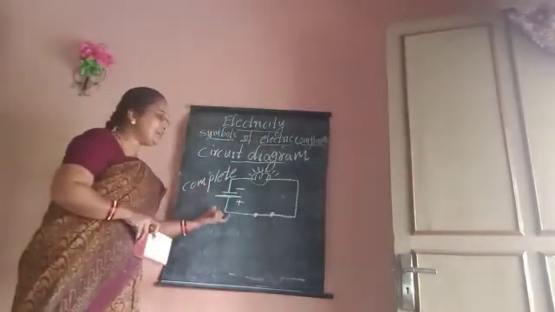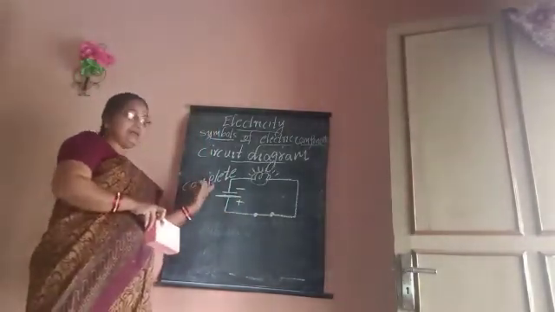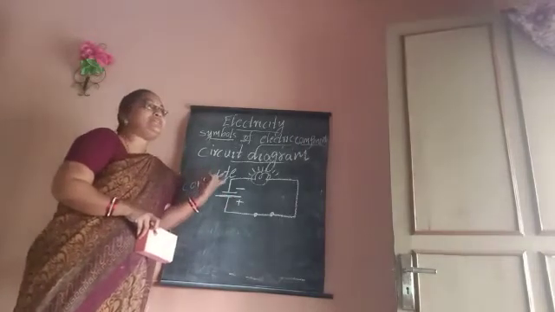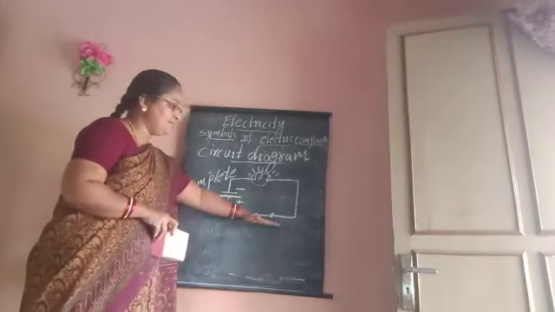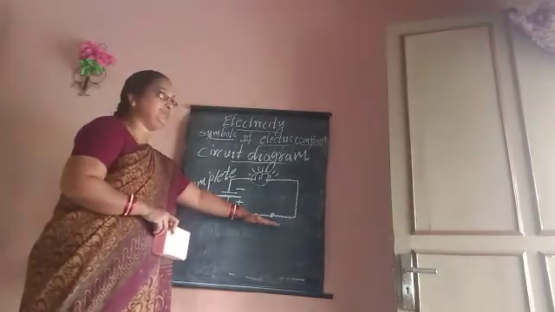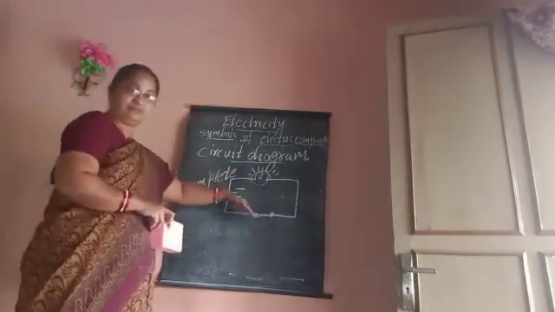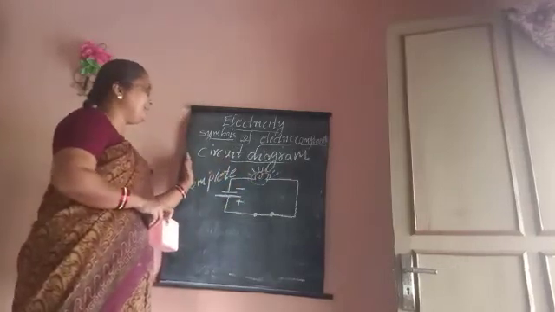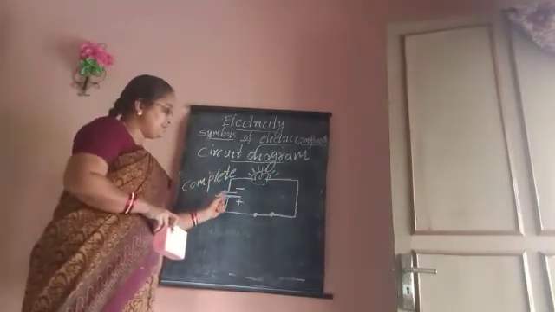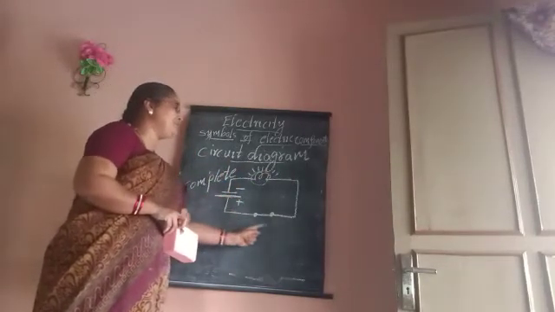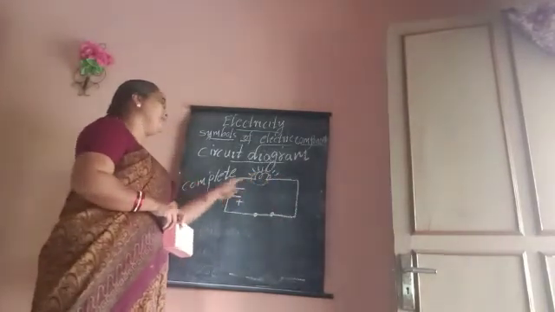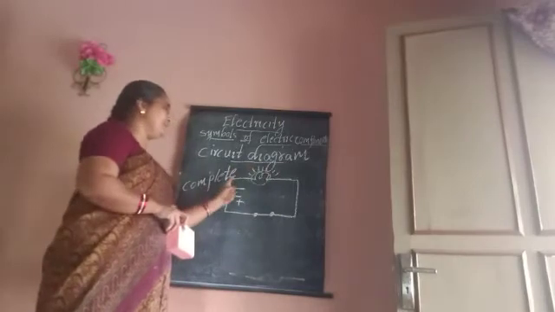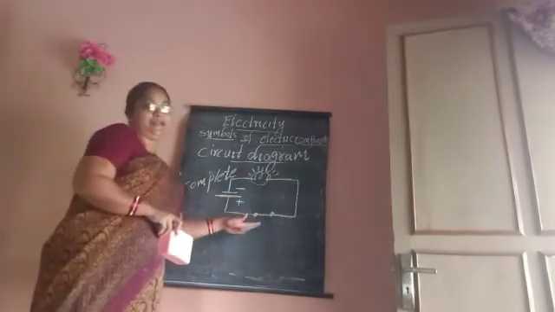The circuit is said to be a complete circuit or closed circuit if the switch is in the on position. That means electrical energy will flow from the positive terminal to the negative terminal of the cell or battery.